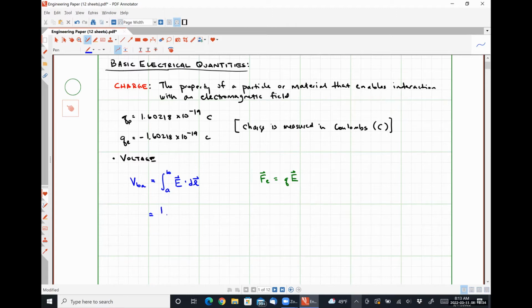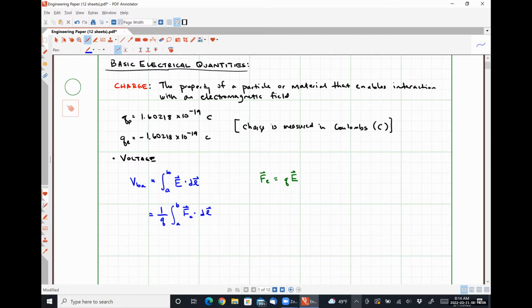And so what that gives me is 1 over Q times the integral from A to B of F dotted into DL. If we neglect that subscript E underneath the F, what does that integral represent?